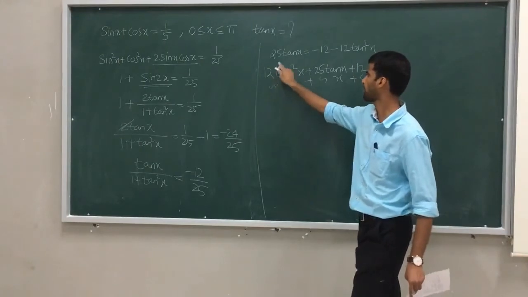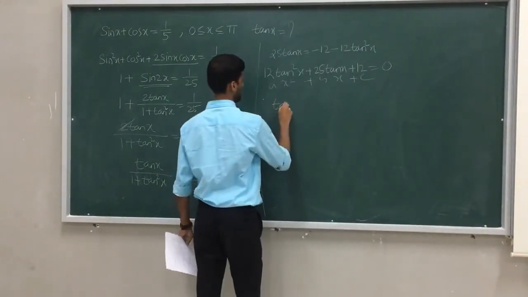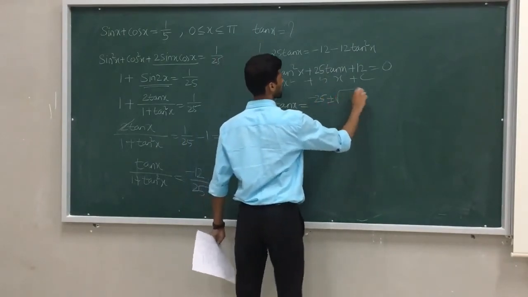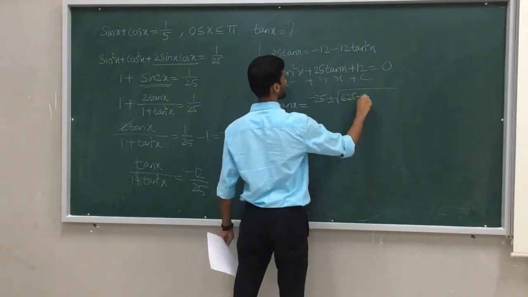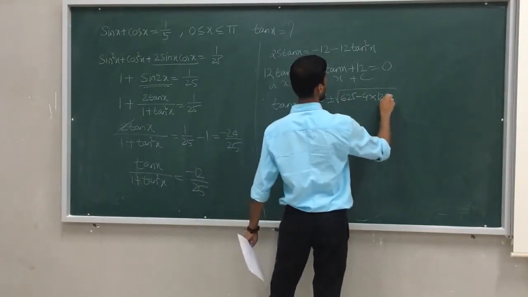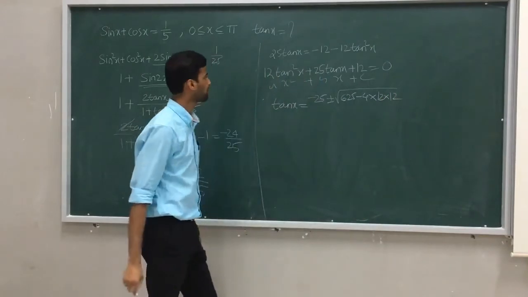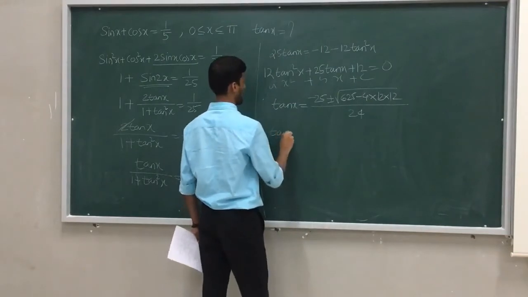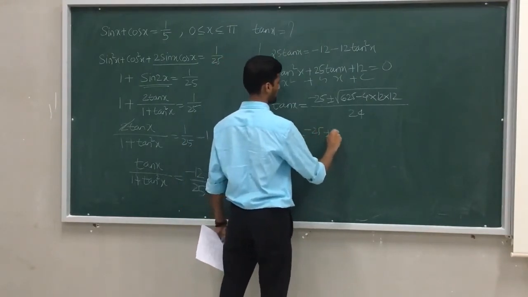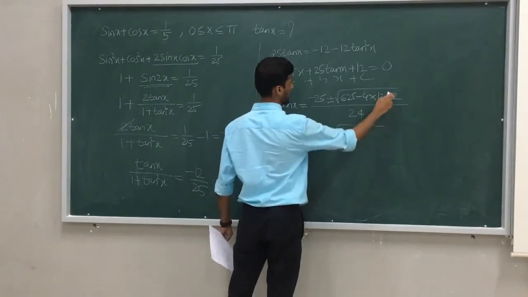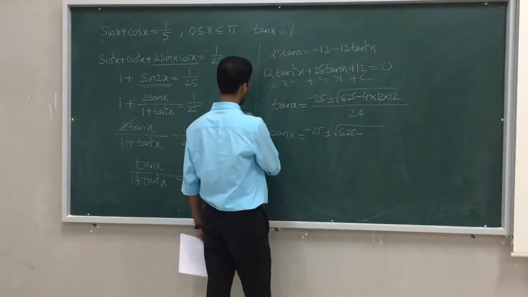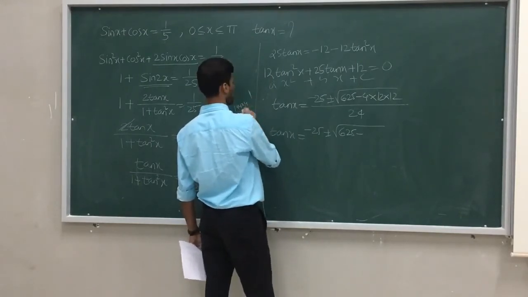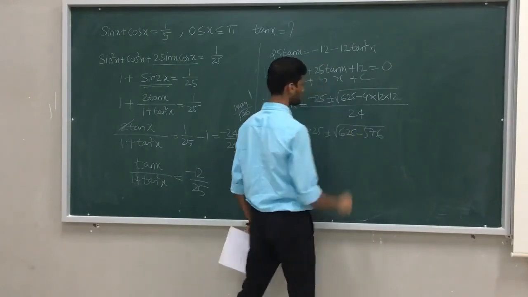But in this case, what do we have here? Tan x. Therefore, I write tan x equal to minus b plus or minus square root of b square, 625, minus 4 into a into c, okay, 4ac, upon 2a, which is 24. So tan x is nothing but minus 25 plus or minus square root of 625 minus 576, since 4 times 12 times 12 is 576.